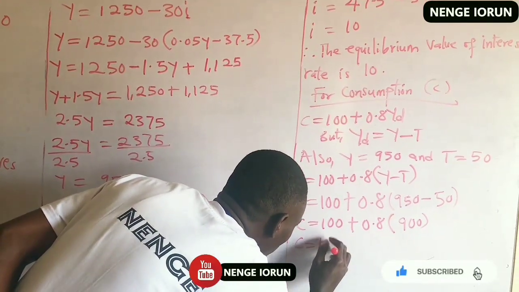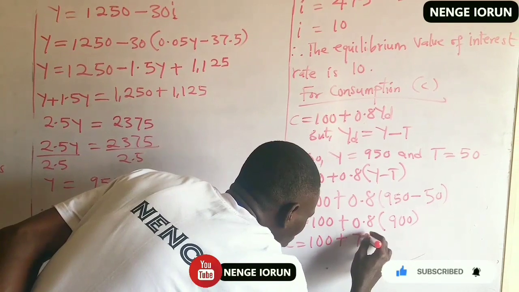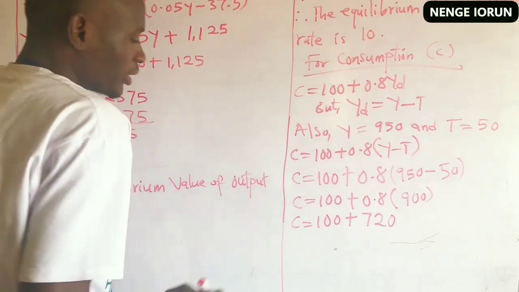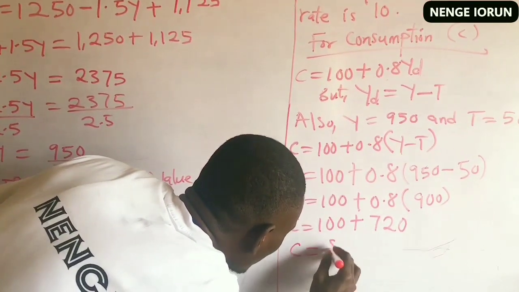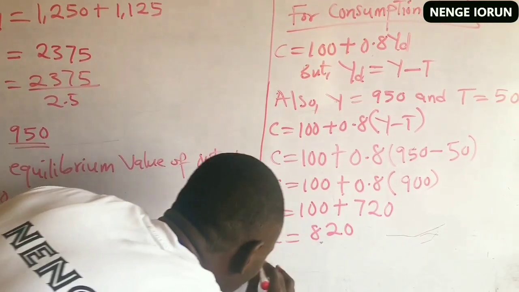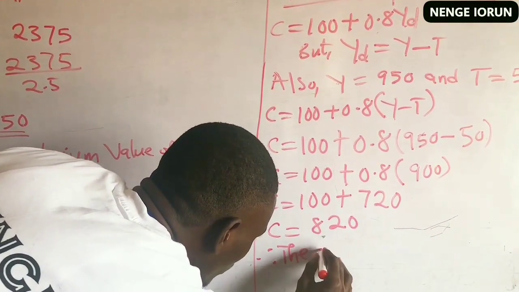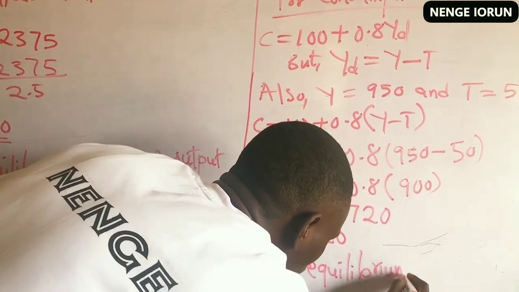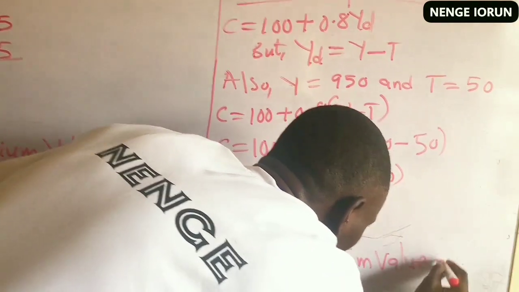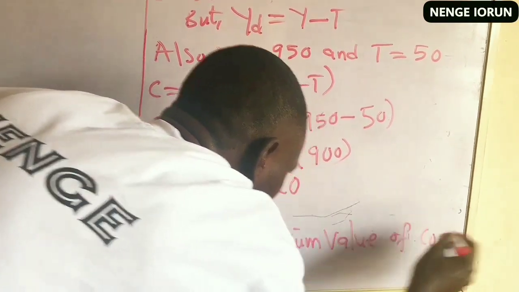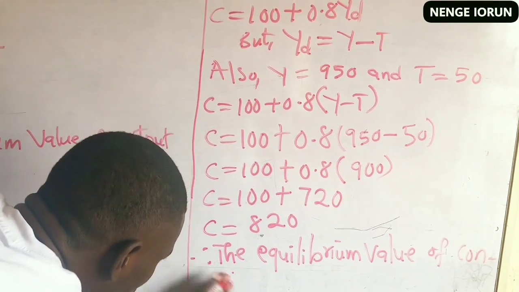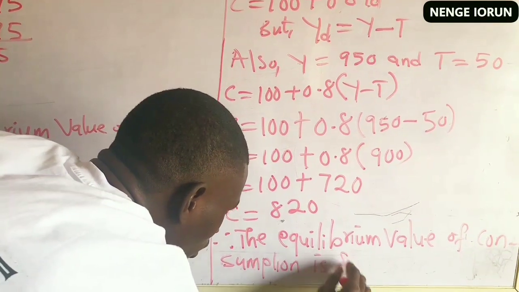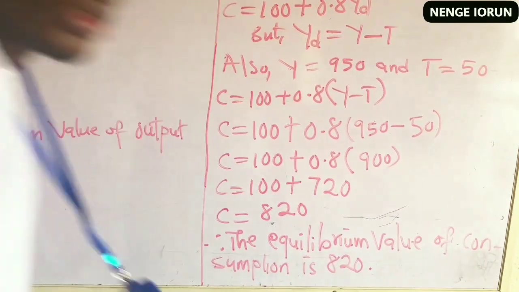You have C is equal to 100 plus 720. To get the actual value of consumption, C is equal to 820. Therefore, the equilibrium value of consumption is 820.